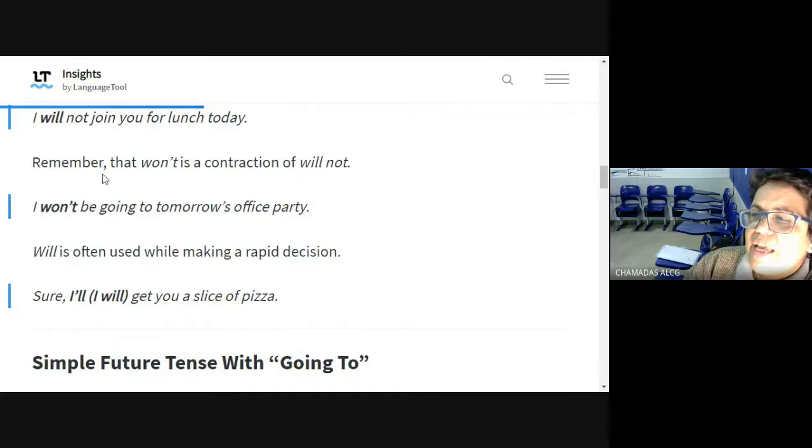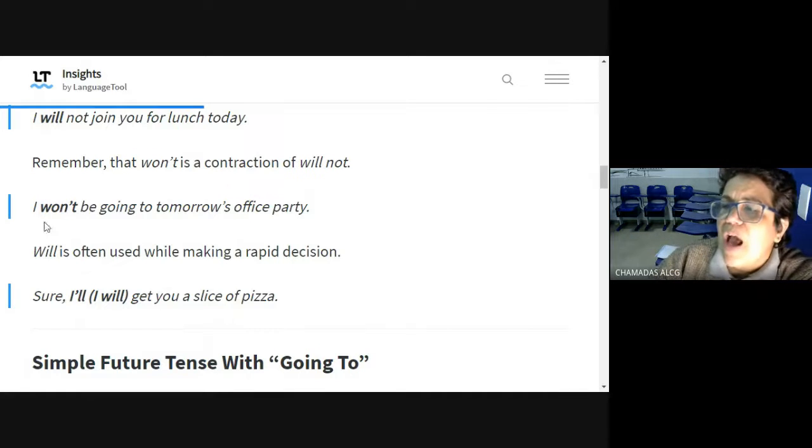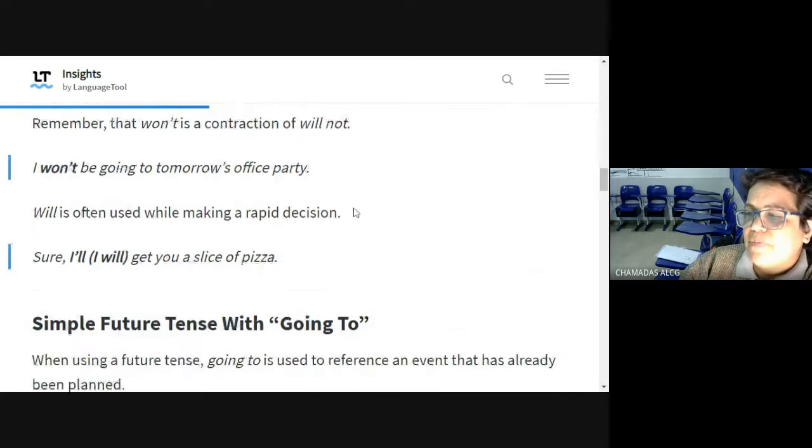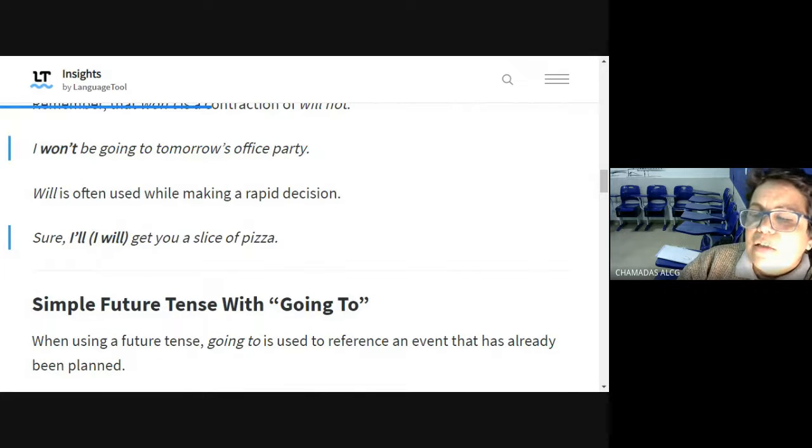But here they say, remember that won't is a contraction of will not. Okay, so I won't be going to tomorrow's office party is also possible. Okay, so will is often used while making a rapid decision.